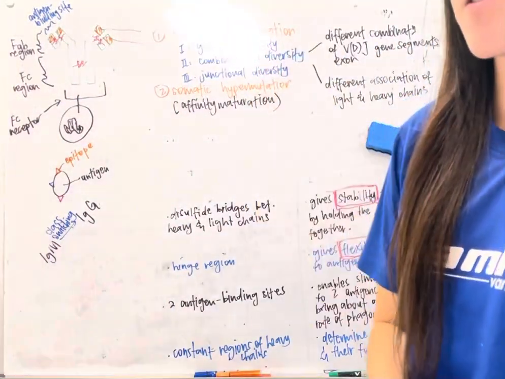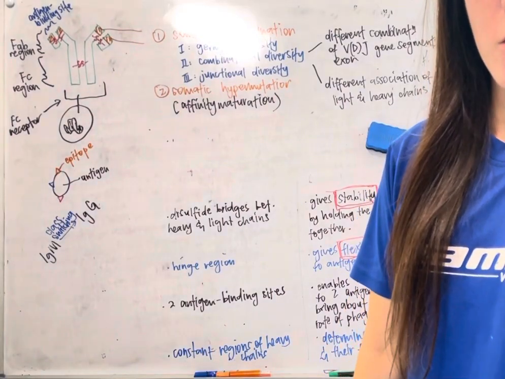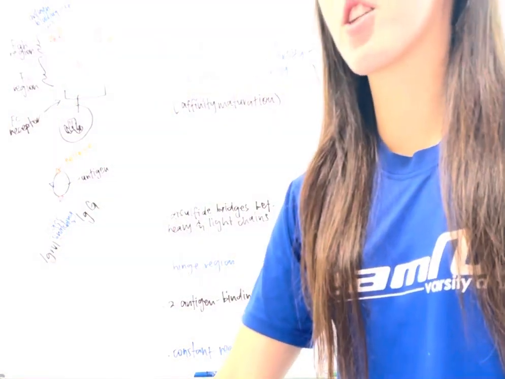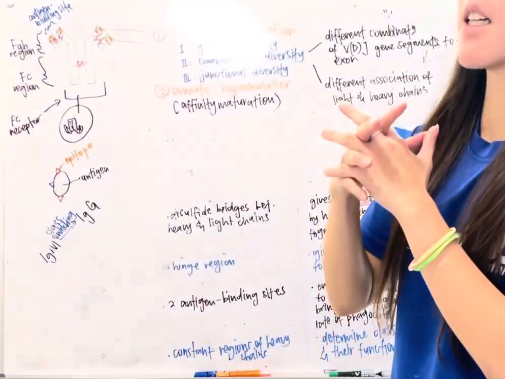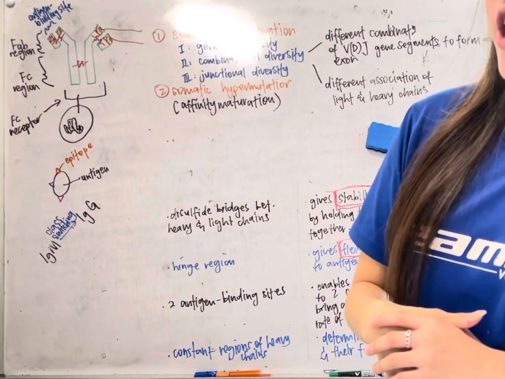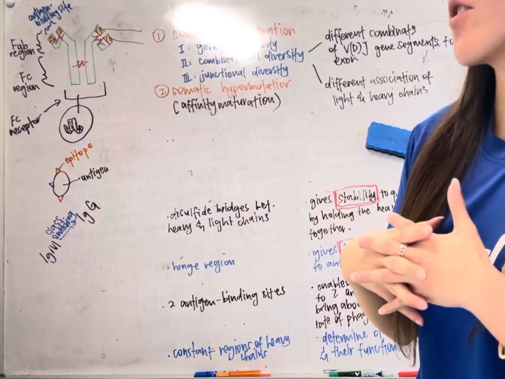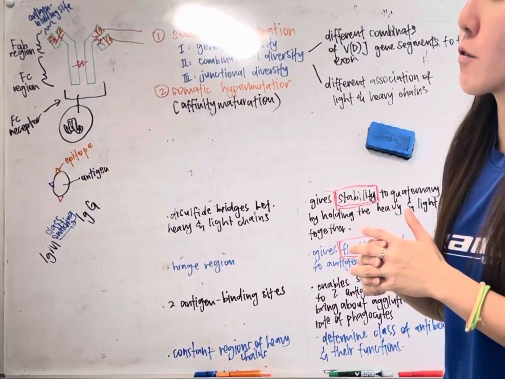The second one, please take note, is that we have further combinatorial diversity. This is when you have different light and heavy chain domains that combine to form different antigen binding sites, which can bind to different antigens.